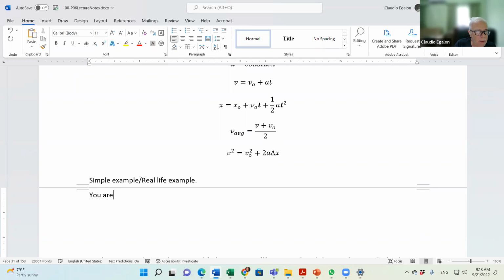You're driving your car on a freeway at, let's say, 60 miles per hour.